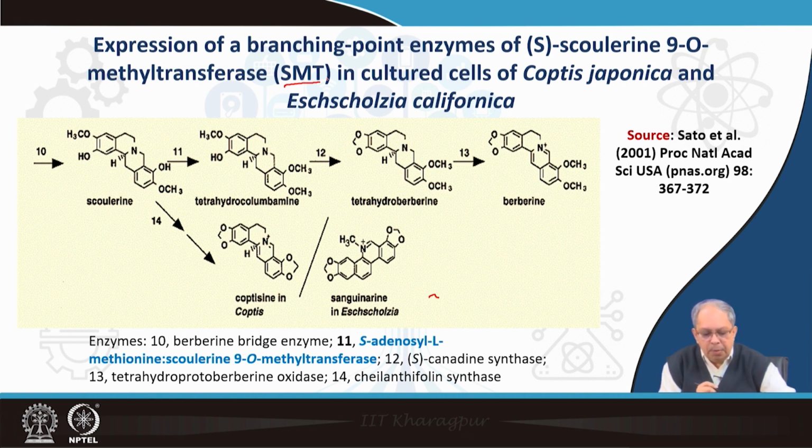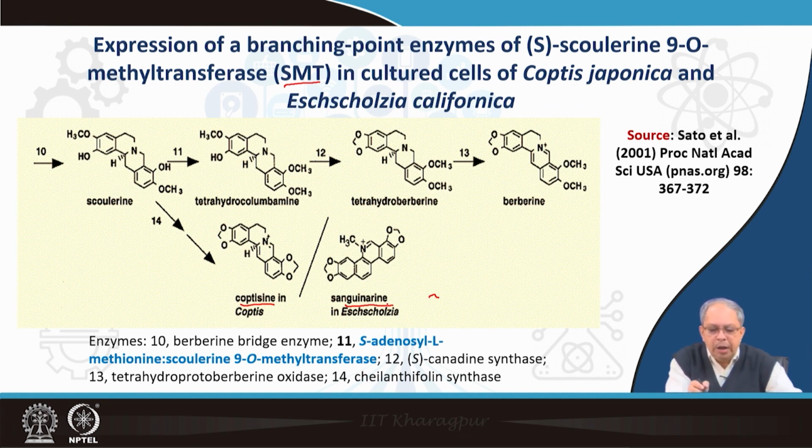Coptis japonica is known for producing berberine, and Eschscholzia californica, the California poppy, is known for the production of sanguinarine. Both of these compounds are antimicrobial, therefore there is a demand to produce them at enhanced levels.